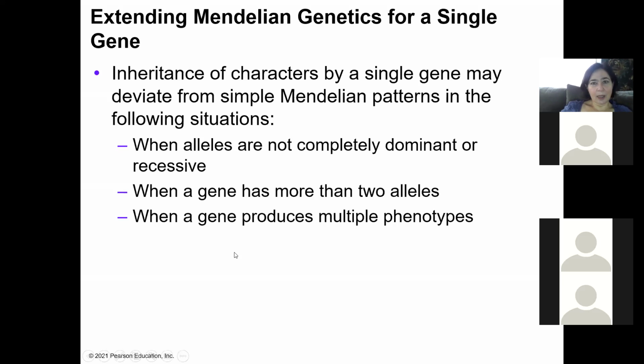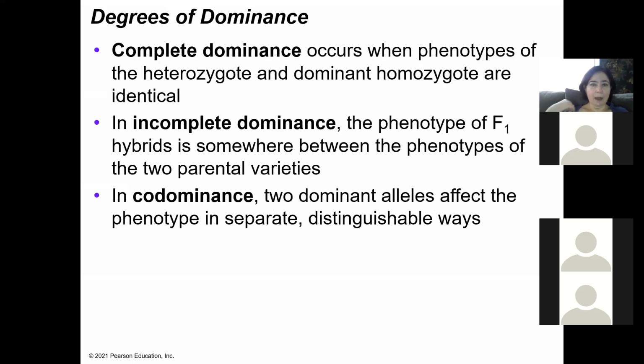Okay, so extending Mendelian genetics for single gene. Complete dominance is when one phenotype basically takes over completely, and dominant homozygous and heterozygous are identical, like with the flowers.